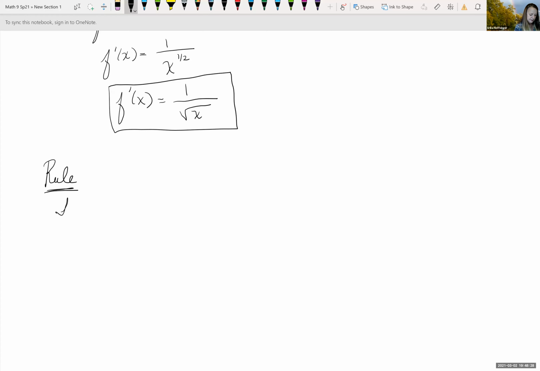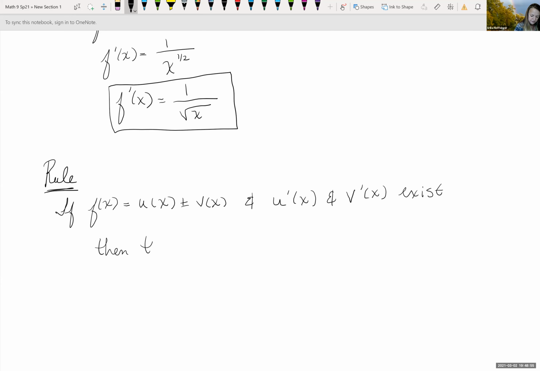If f of x is equal to a sum of two functions, let's say u of x plus or minus v of x, and we're given that the derivative of u of x and the derivative of v of x exist, then we can just take the derivative and sum or take the difference of each piece.